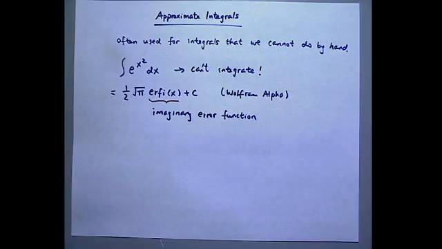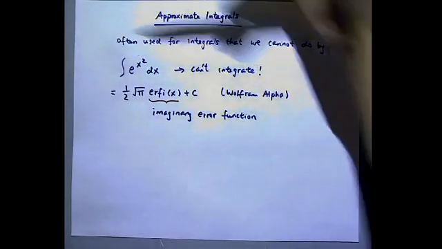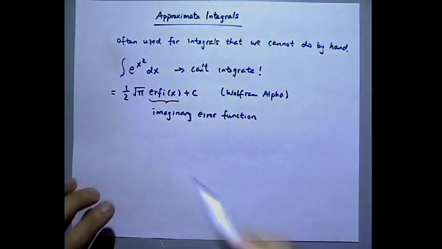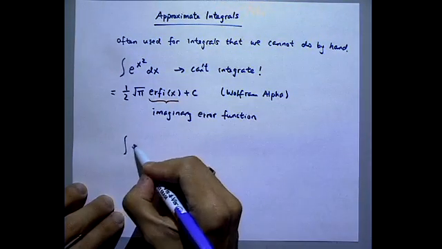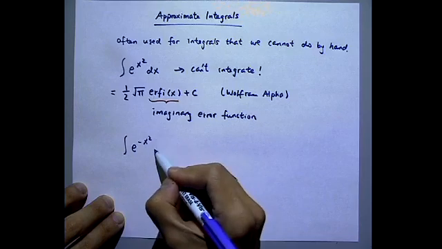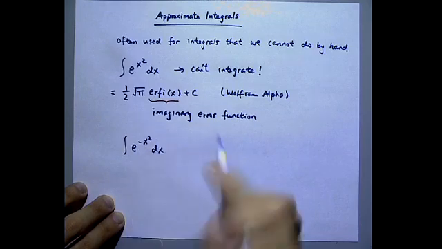So that's my point here. Some of these things we simply can't integrate. We still have to somehow know the answer of an integral of e to the x squared, for example. By the way, in many applications, we actually see this a lot.